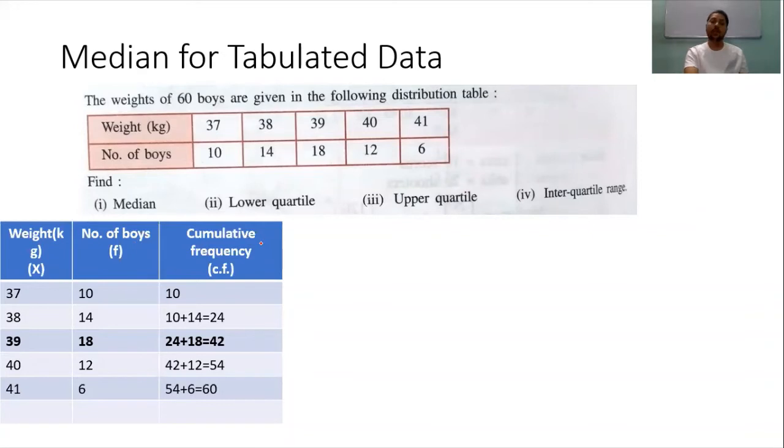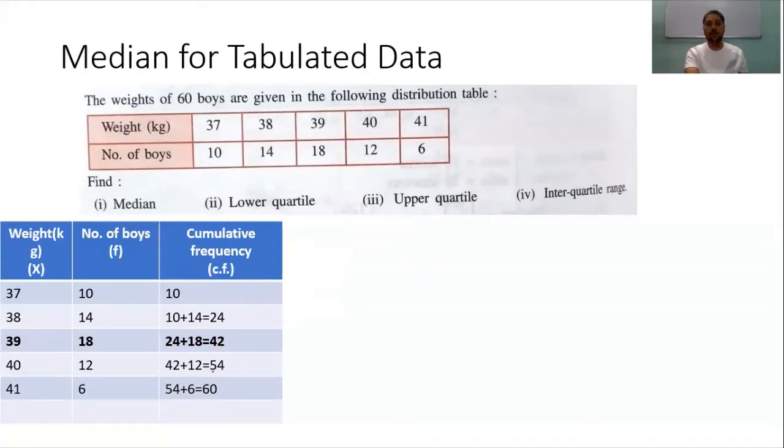Now just draw the cumulative frequency table. And how do we draw the cumulative frequency? Check the frequency here, then first term as it is, then previous term plus next term, that will be your 24. 10 plus 14 is equal to 24. Then again, last cumulative frequency that we have 24 plus the frequency 18, that will be 42.